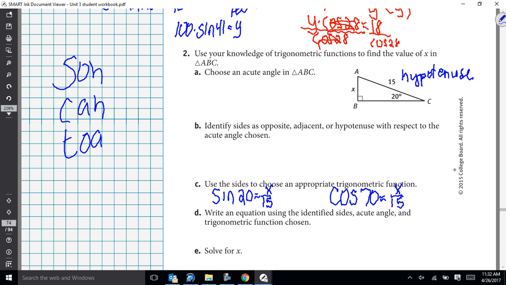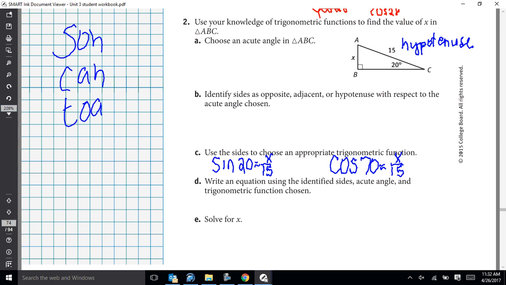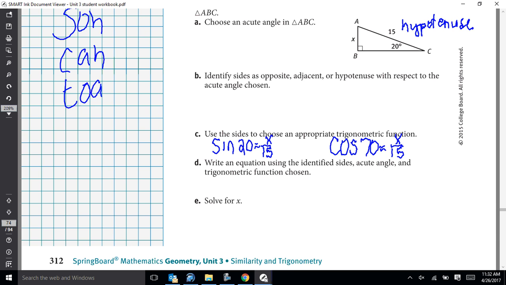That was it for A. Okay, I think we did C and D there.